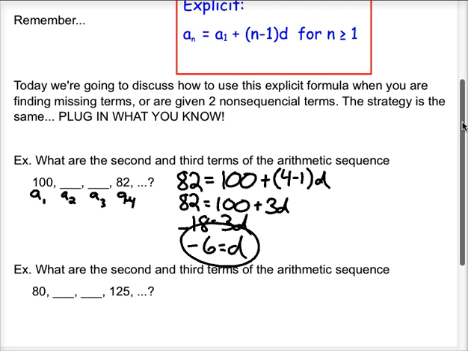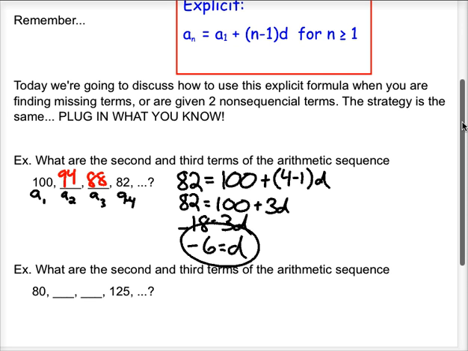So basically what that's communicating to me is I'm subtracting 6 from every term. All right, so if I want to fill in those missing terms, all I do is take 100 minus 6. That will give me 94. Minus 6 again, 88. And then minus 6 again, just to make sure you land where you should. And that does give you 82.